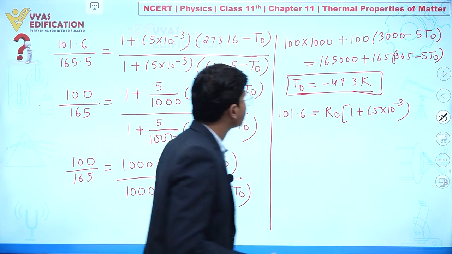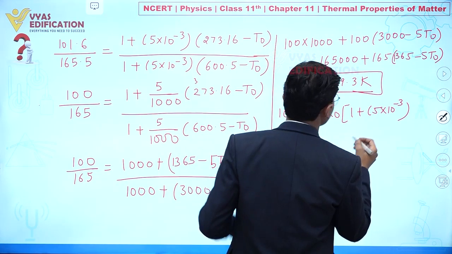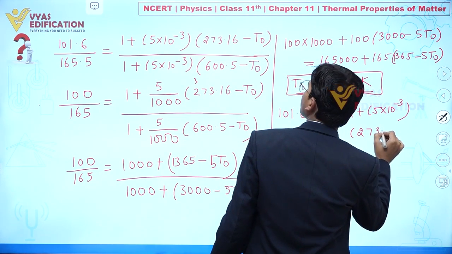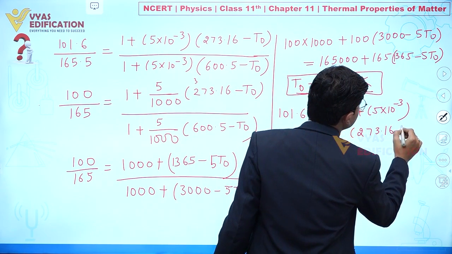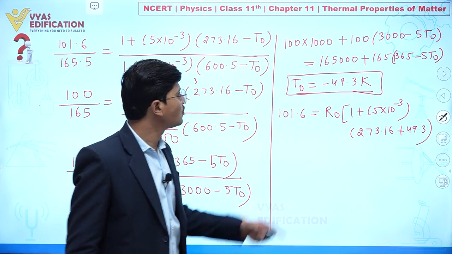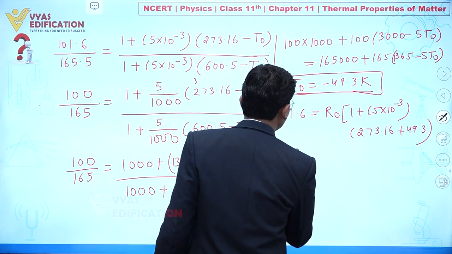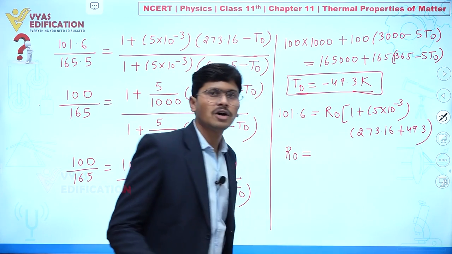Clear? And this is 273.16 minus, this is plus 49.3, because T naught value is given to you in minus, so I am writing here plus. Clear? So now from here if you solve it, you will find value of resistance.